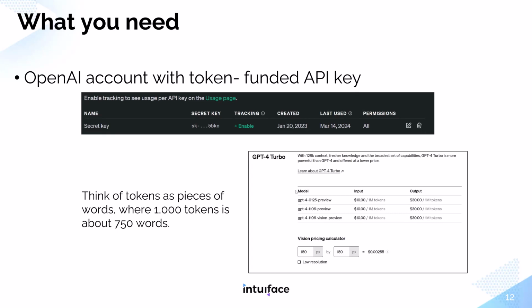And to use the API, you need an API key. And we're not funding our own for the world to use. So you need to get your own. Depending on how often you use it and how you fund it, tokens go a long way. It depends on what you're doing with your tokens. So that is the one and only prerequisite if you want to use the interface assets for GPT, Whisper, and DALL-E.